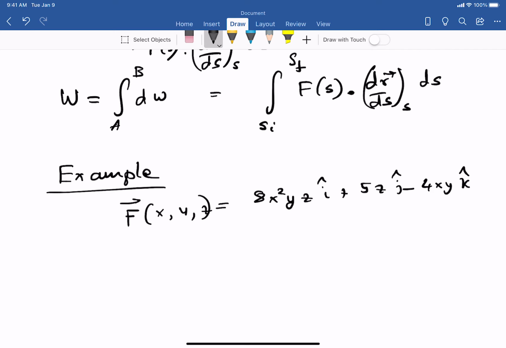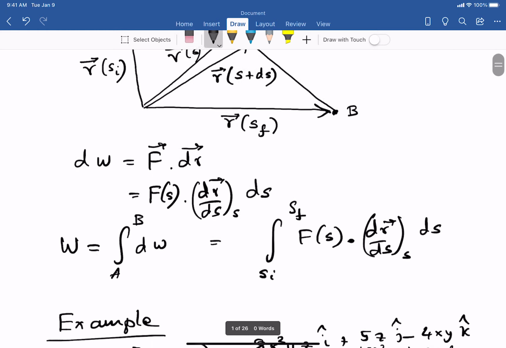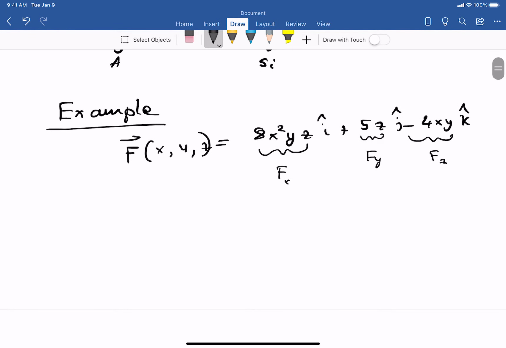Okay, so this is the x component of the force, F sub x, this is the y component of the force, F sub y, and this is the z component of the force, F sub z. So you can see that F sub x, F sub y, and F sub z in this case depend on x, y, and z, right? So this is our force, a vector field force.